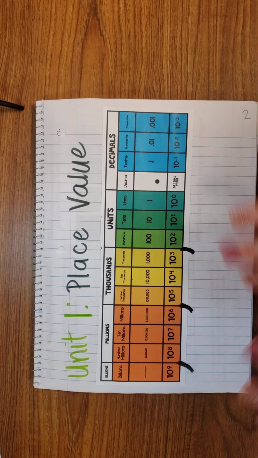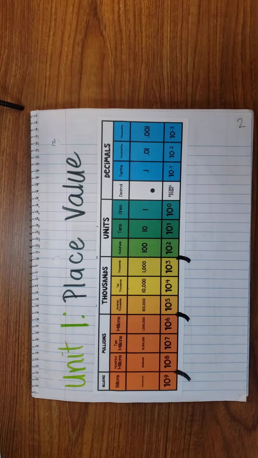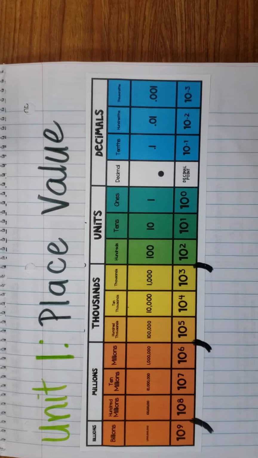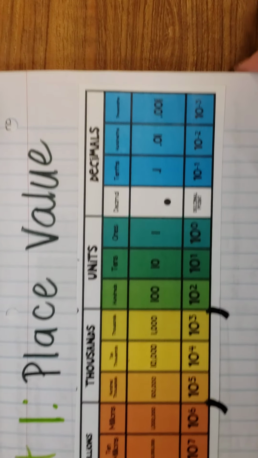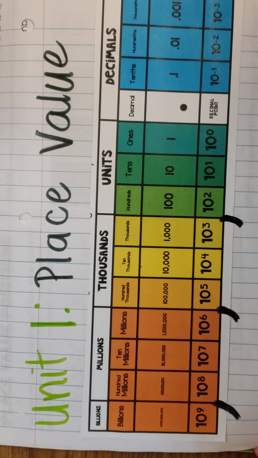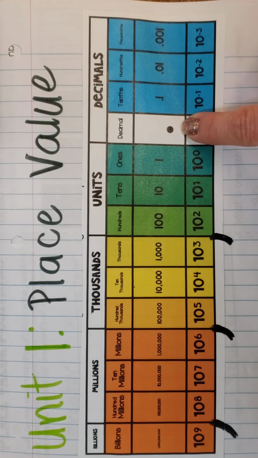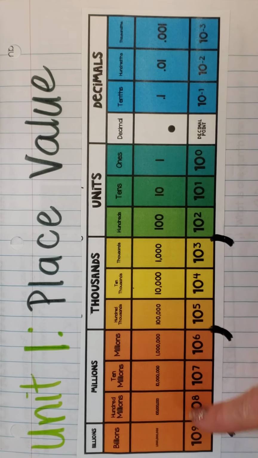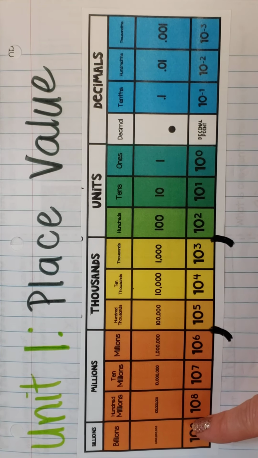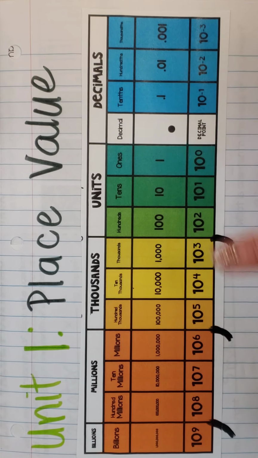So this is a place value chart. Let me see if I can zoom in just a little bit. Bear with me. There we go. So on a place value chart, we see our decimal places here. Everything to the left of the decimal place would be considered a whole number, okay? 1 or greater.